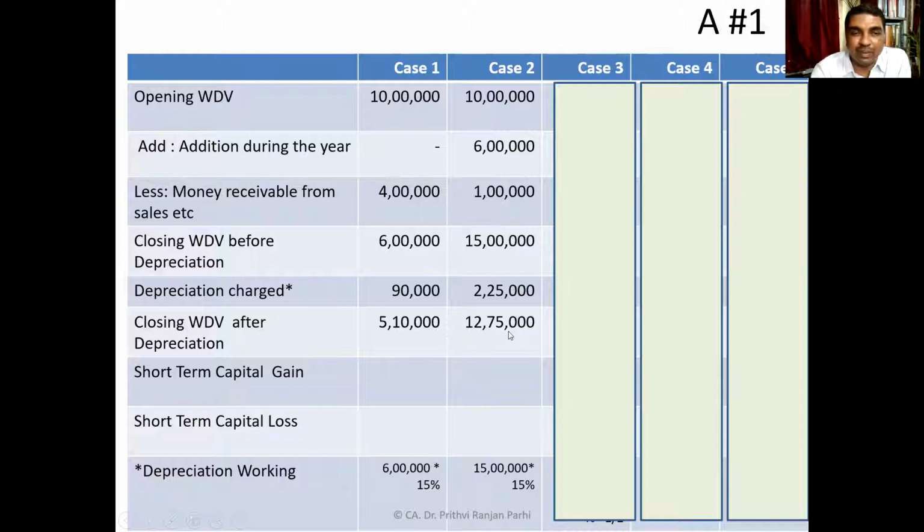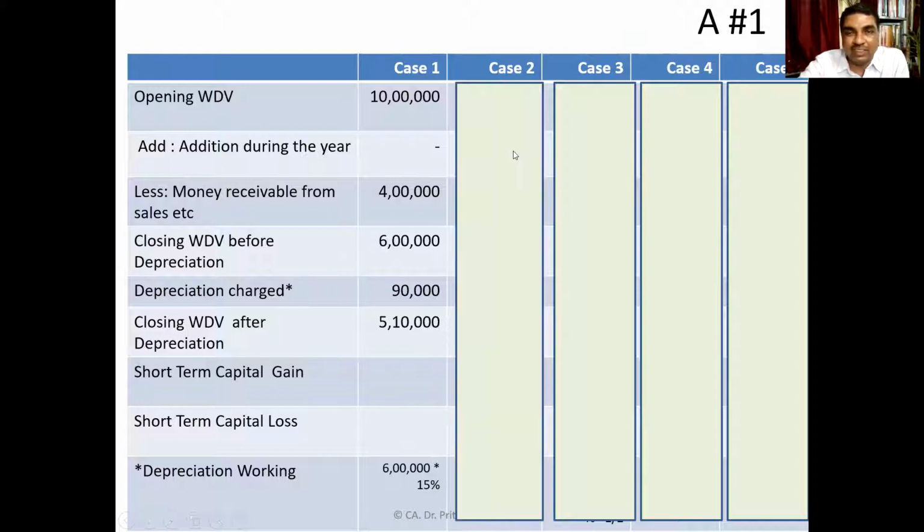So closing WDV after depreciation is 12 lakh 75,000. Hope you have understood why depreciation is charged on the entire amount of 15 lakh. Because this additional asset is also used for more than 180 days, full depreciation is charged.